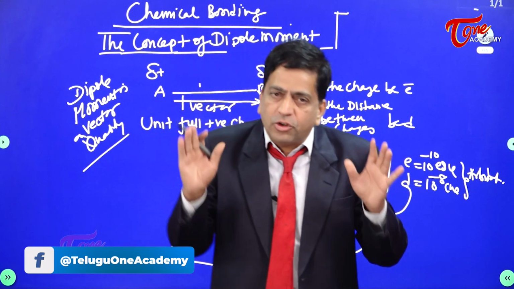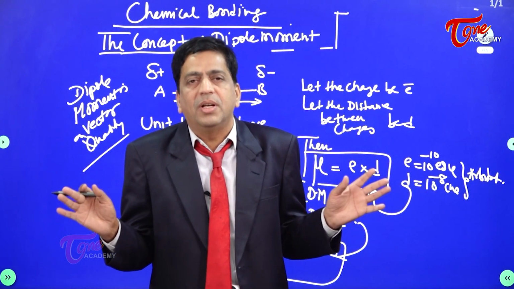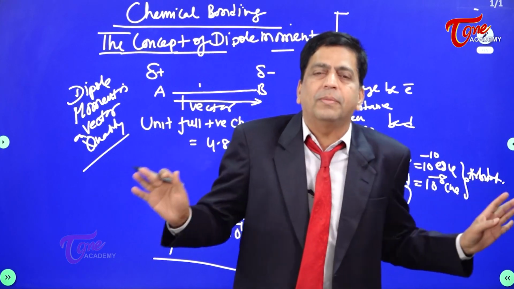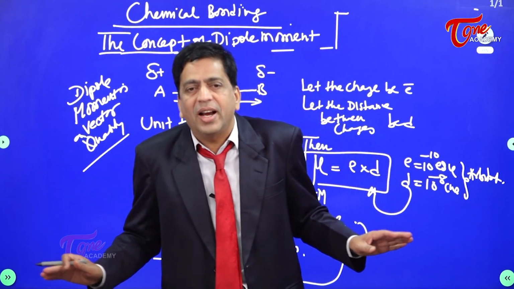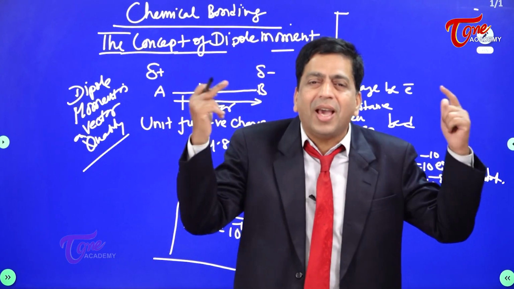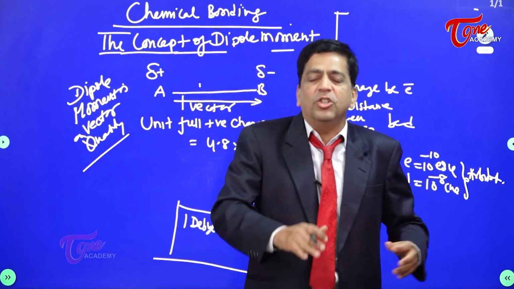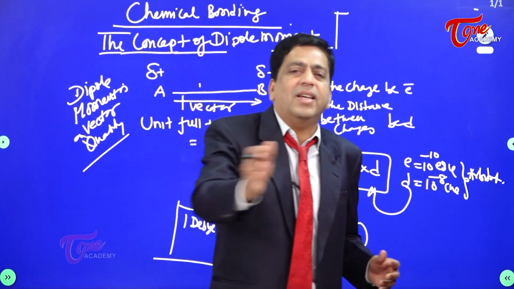Suppose you have a heteroatomic system. The moment you take a heteroatomic system, please understand that ionic character has been induced. It's not an ionic bond. It's ionic character that is being induced. Once you deviate from homo to hetero, ionic character is induced.